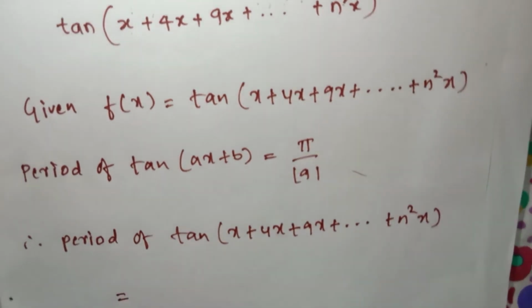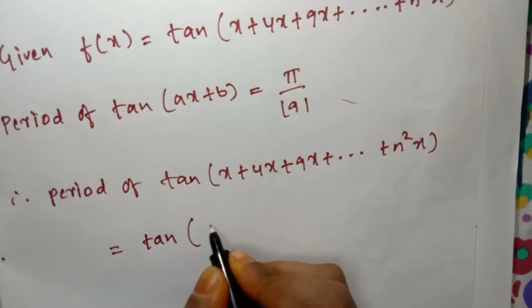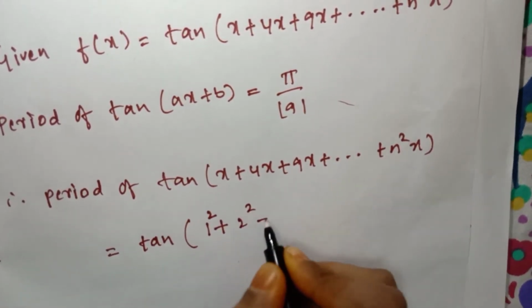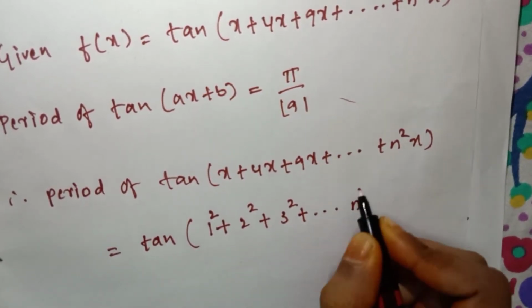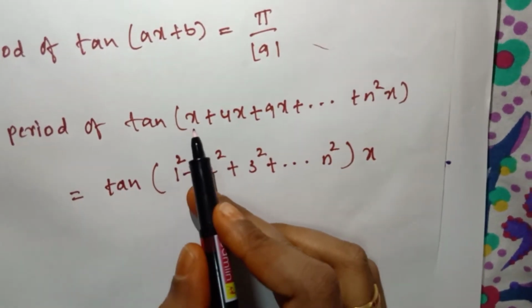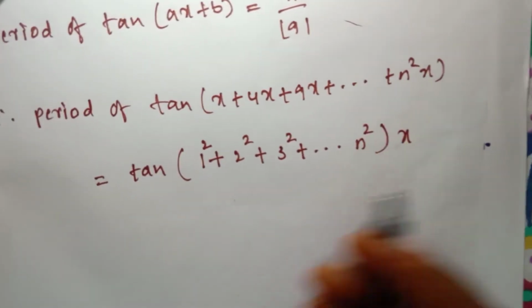This is equal to tan of, I'll take x as common here, so it will be (1² + 2² + 3² + ... + n²)x. This I have written as 1 square, 4 I have written as 2 square, 3 square, like n square.